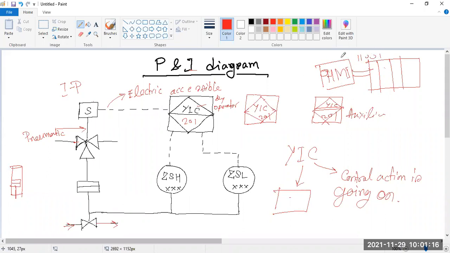So we have to make some device so that it can communicate between the human and the machine. HMI plays this role because it shows some graphical representation or some alphabetic switch.